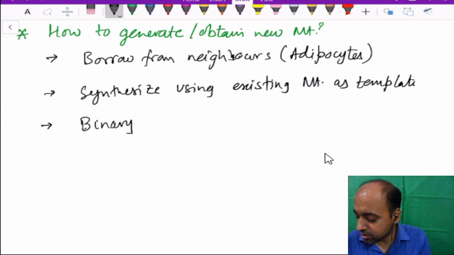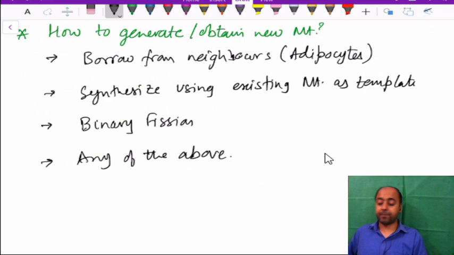Lastly, any of the above methods may be used to obtain the new mitochondria. What is the answer? How to generate or obtain the new mitochondria?